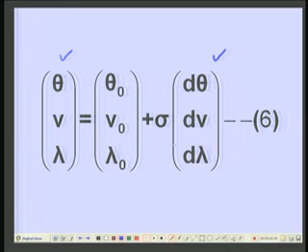The new operating condition, that is theta, v and lambda, is obtained as the initial values of this vector plus sigma times the tangent vector. This sigma is the step length, or step size.